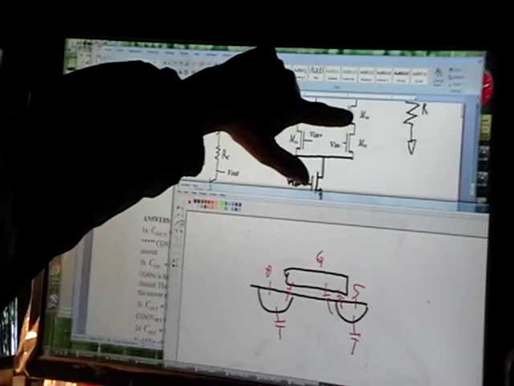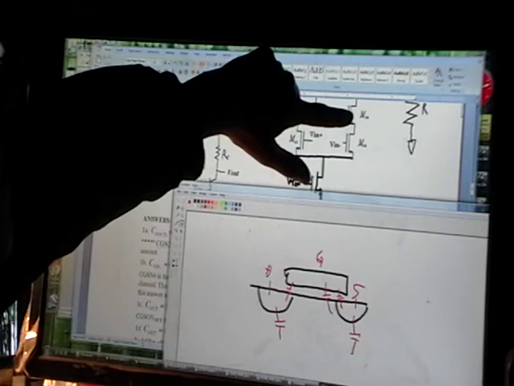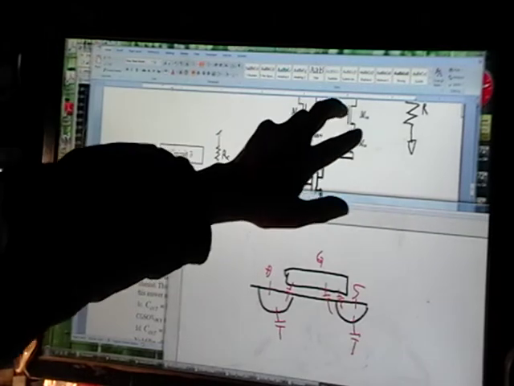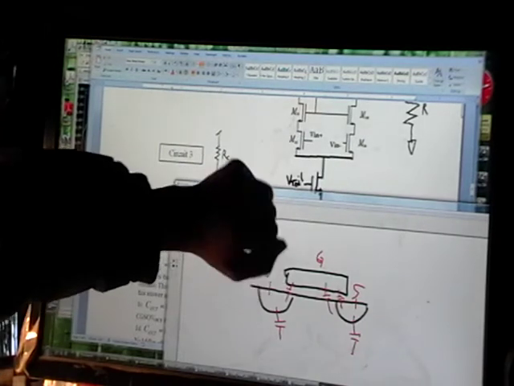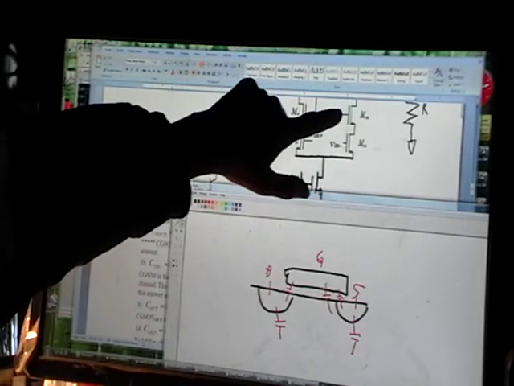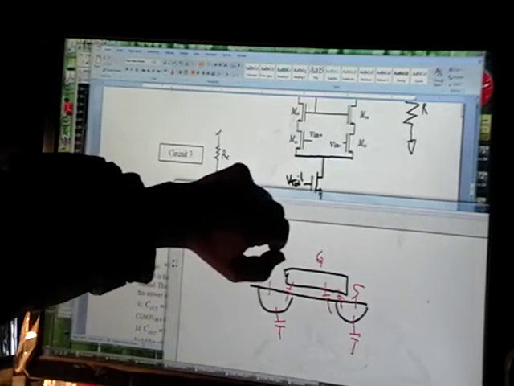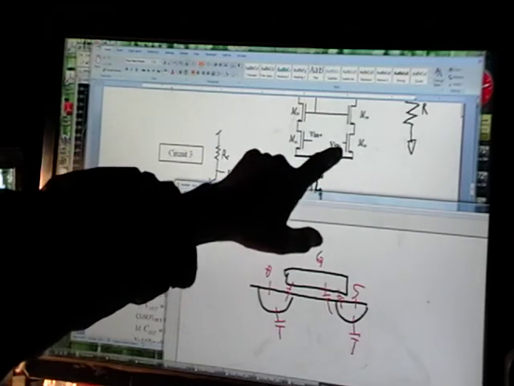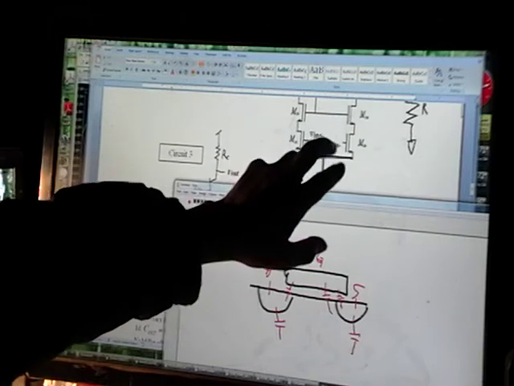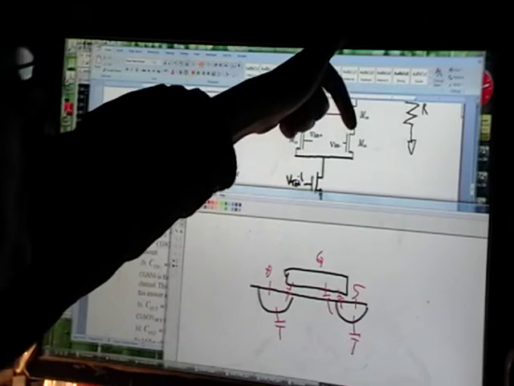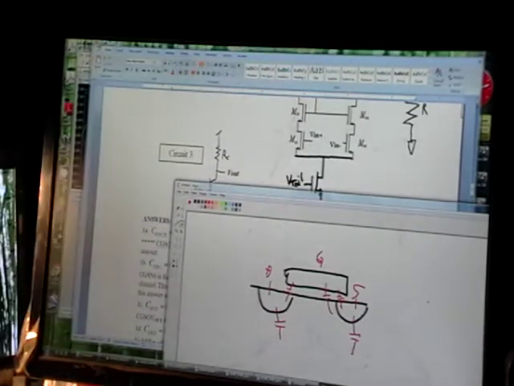The way this transistor increases its current or changes its node voltages so it can accommodate that current is by increasing its VGS. But since the gate voltage is fixed, the only way it can change VGS is by dropping the source. Okay, so the source drops the same amount that V in goes up. And so what you have here is V in goes up a certain amount and this node goes down a certain amount.